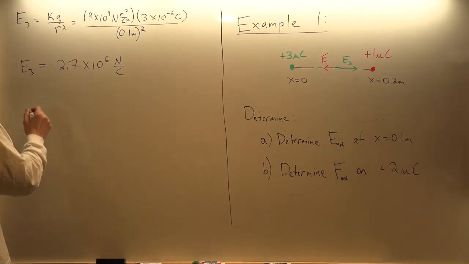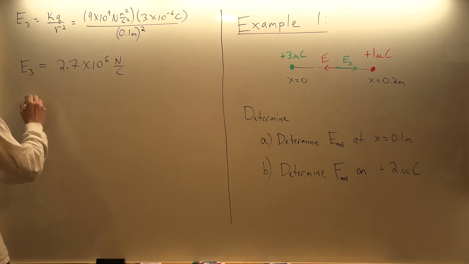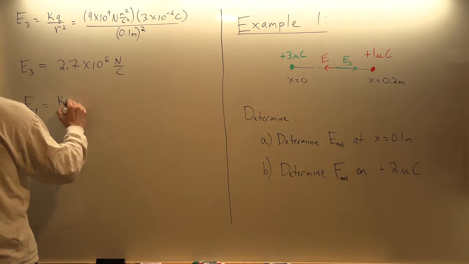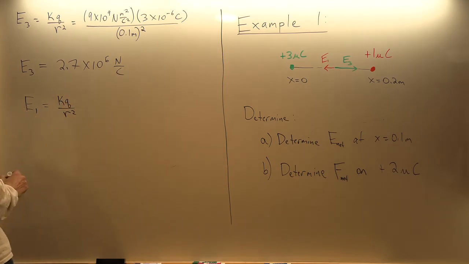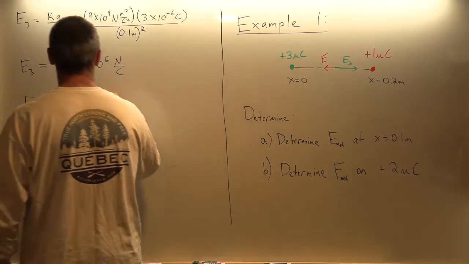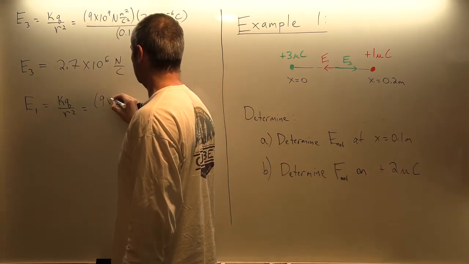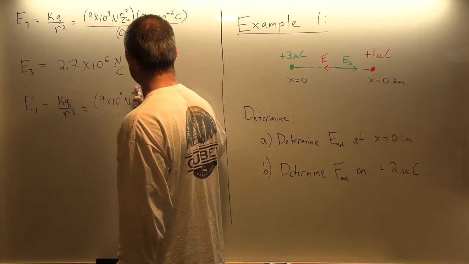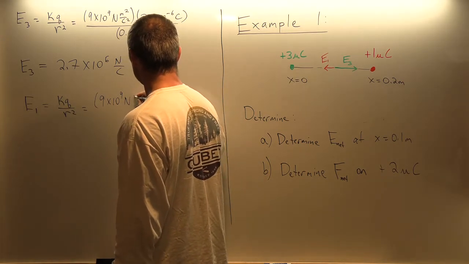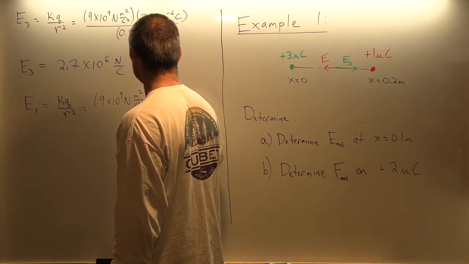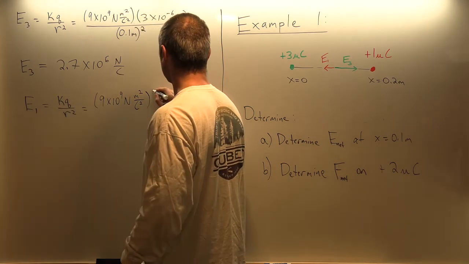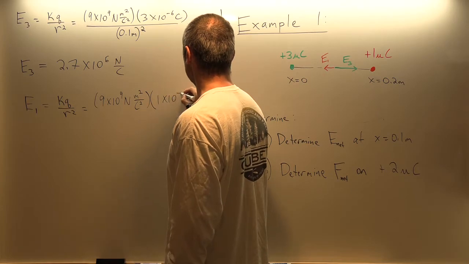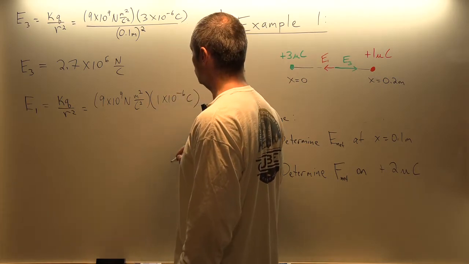We need to find the electric field from charge 1. So we use the equation we learned today for the magnitude of the electric field, and we plug in Coulomb's constant, 9 times 10 to the 9th. One times 10 to the minus 6th coulombs, that's 1 microcoulomb.